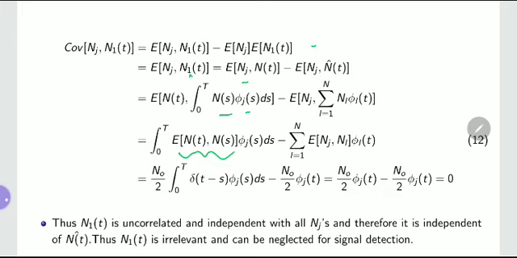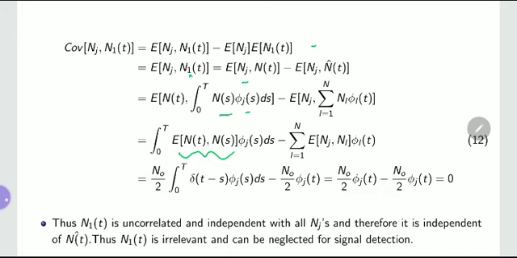So that means n1 of t is uncorrelated and independent of all the nj's, and therefore it should be independent of n cap of t also. So we have proved two things. N1 of t doesn't have any relation with our transmitted signal, and also n1 of t is independent of n cap of t.